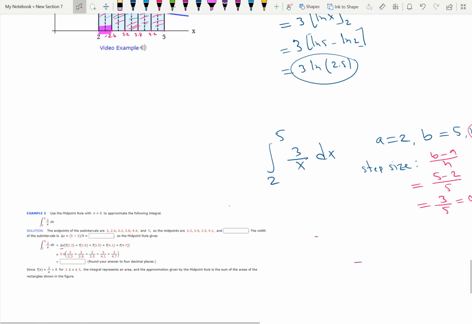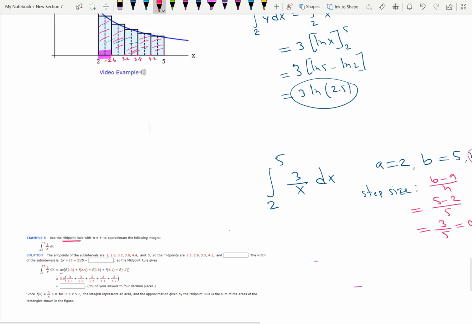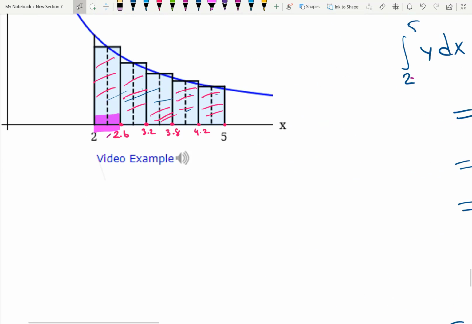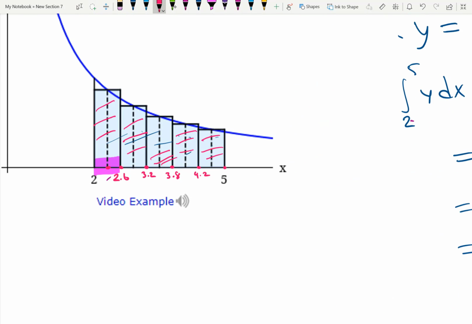Now we have to apply the midpoint rule. To apply the midpoint rule, we will determine this midpoint. How can we determine this midpoint? If we add 2 and 2.6 and divide by 2, so 4.6 over 2, which is 2.3. So this point is 2.3. Similarly, this point would be the average of 2.6 and 3.2, and similarly the other points.